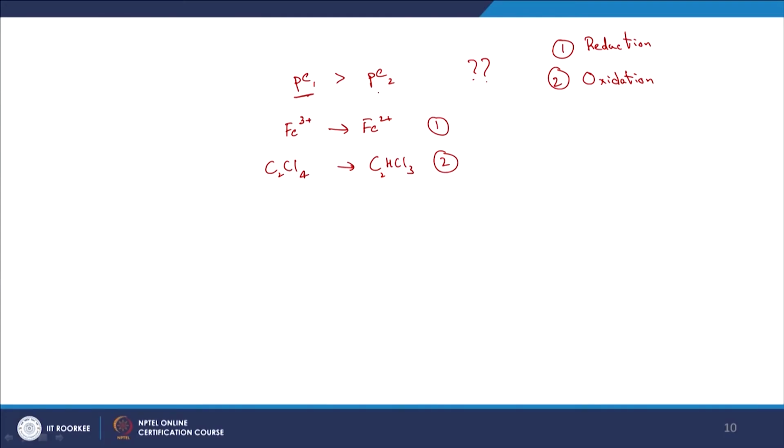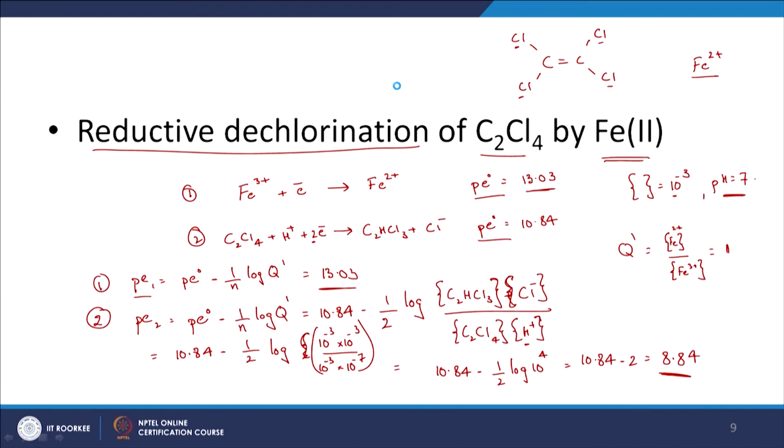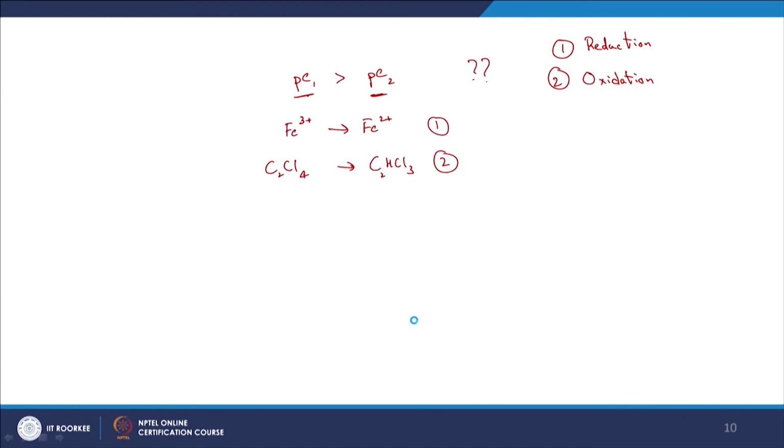Because PE1 is greater than PE2, with values 13.03 and 8.84, what does that mean? Obviously Fe3 plus is going to be reduced to Fe2 plus by C2HCl3, but this is not what we expect or see in nature.